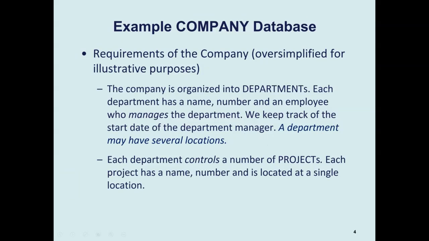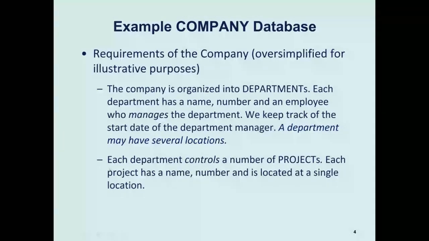So just from this paragraph, we can tell that the company really wants to store department information. Okay, so department information, and it does specify what information we need to collect for the department, like the department name, number, and the manager information.